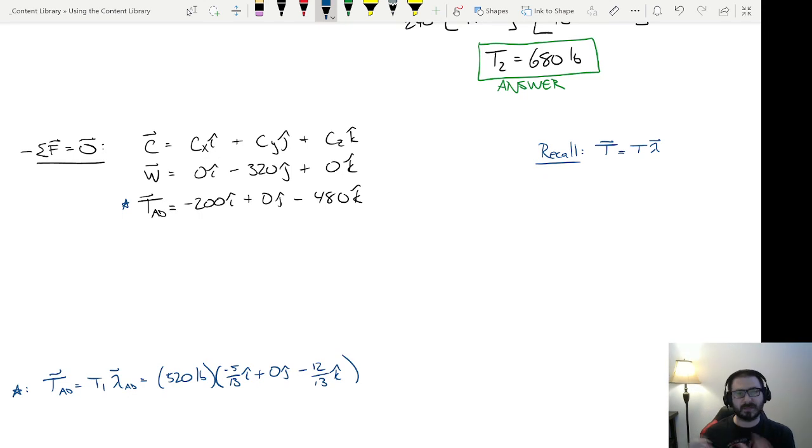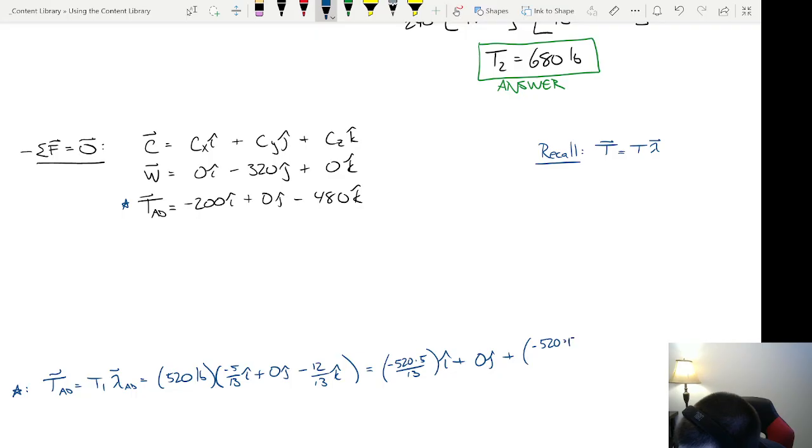So all I'm doing is multiplying that out: negative 520 times 5 over 13 times I plus 0J plus negative 520 times 12 over 13 times K. And when you chug that out, you get negative 200I plus 0J minus 480K.